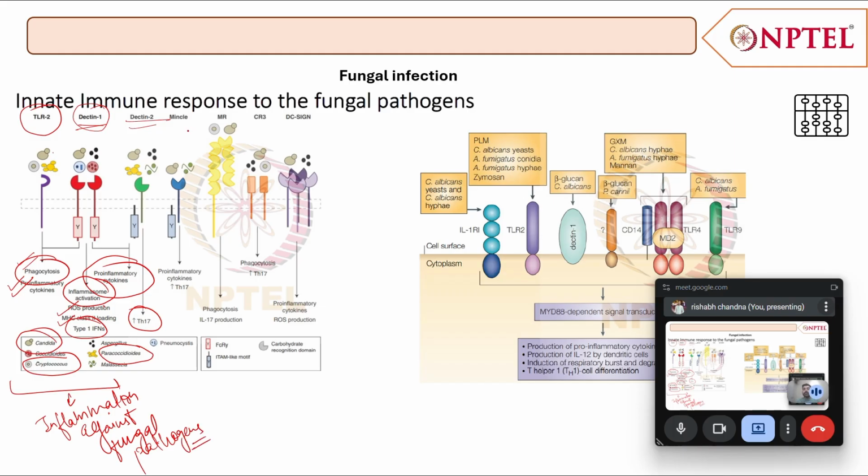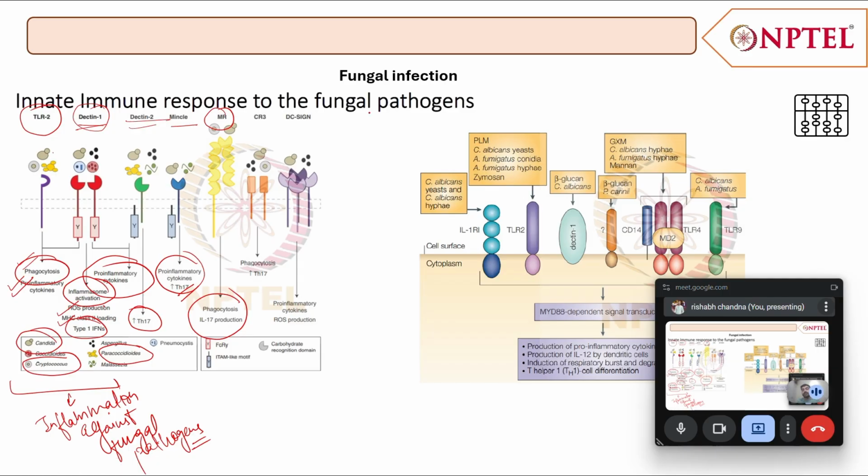Okay, then we have Mincle, another receptor that increases the pro-inflammatory cytokines and the Th17 cells. Then we have MR. So this MR also helps in increase in the phagocytosis by the macrophages and increase in IL-17 production.